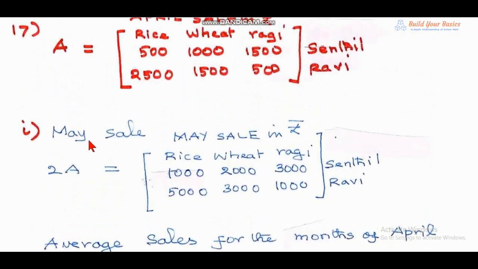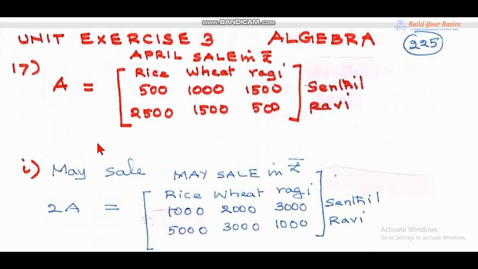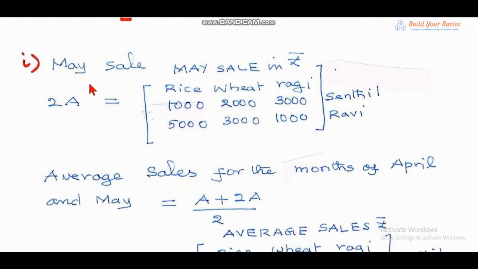Now we have to find the average sales of April and May. We have April sale, we have got May sale. Just add the 2, divide by 2. So average sales for the months of April and May. April sales is A, May sales is 2A, add, divide by 2.